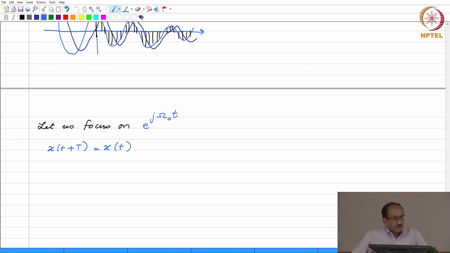That is, this signal e power j cap omega naught t is periodic with period cap T, implies that T is what is the value of T for this signal? 2 pi by omega naught. Is this correct?